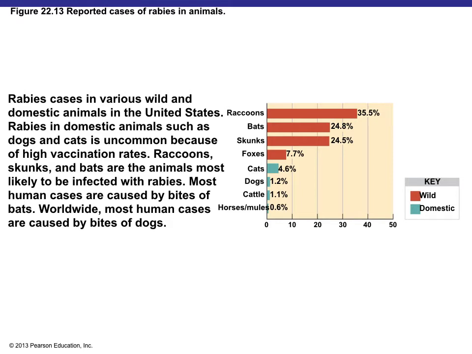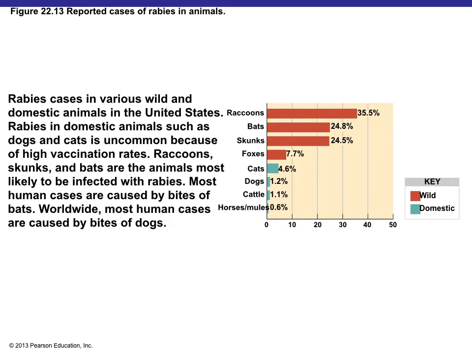So this is an example of rabies cases in various wild and domestic animal species. So rabies in domestic animals such as dogs and cats is uncommon because of high vaccination rates in these animals. But raccoons, skunks, and bats are the animals most likely to be infected with rabies in the United States.